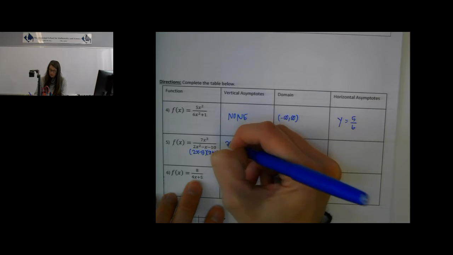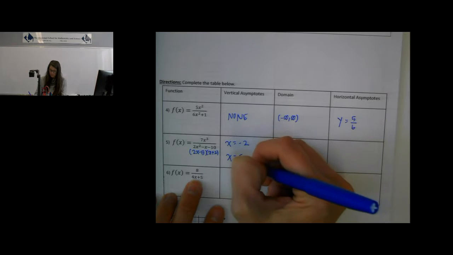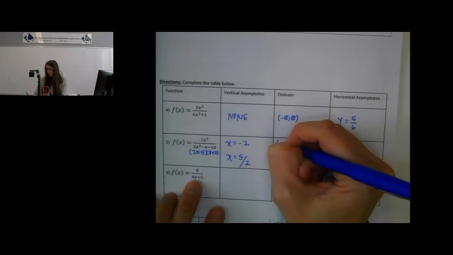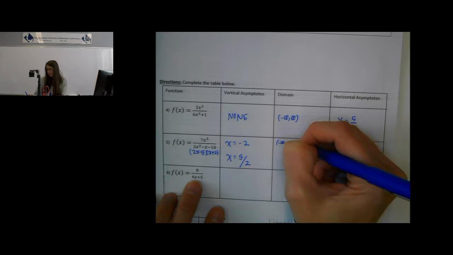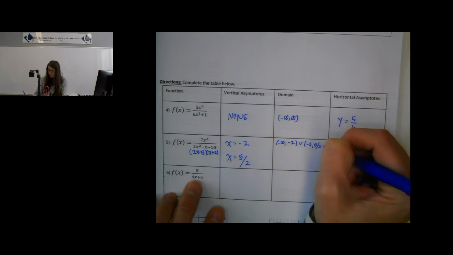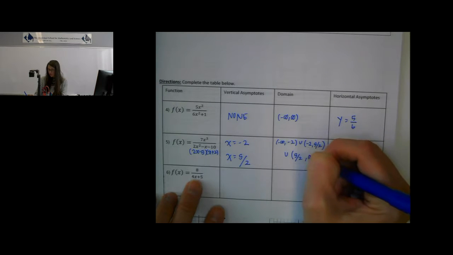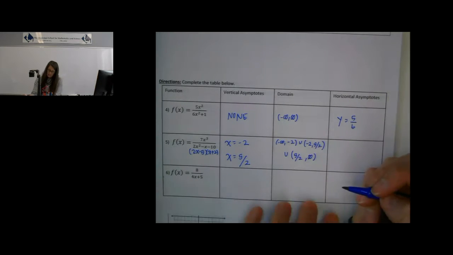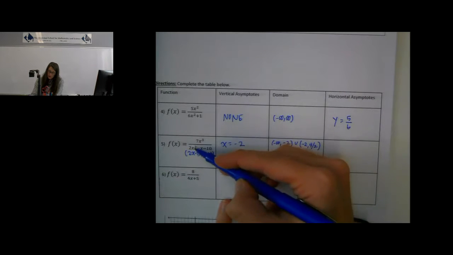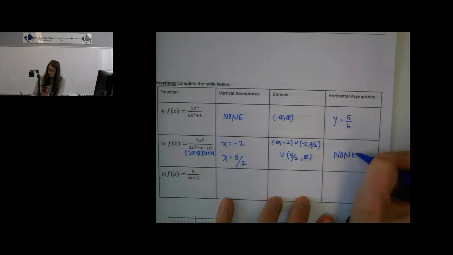So your vertical asymptotes are going to be at -2 and at 5/2. So that means your domain is going to be -infinity to -2, union -2 to 5/2, union 5/2 to infinity. And this one is greater than the bottom, so there is no horizontal asymptote.